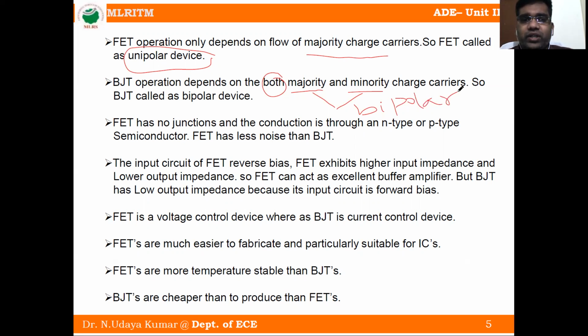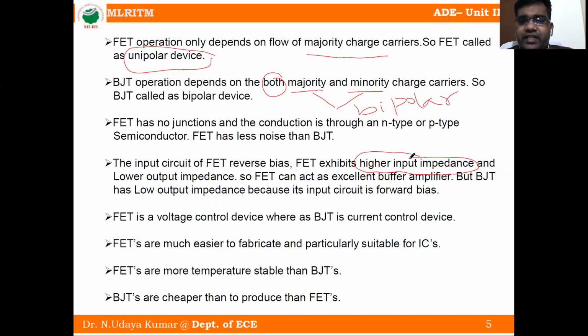BJT means bipolar device. FET has no junctions, only channels, and the conduction is through N-type or P-type semiconductors. So FET has less noise than BJT. The input circuit of FET is reverse biased, so FET exhibits higher input impedance and a lower output impedance.